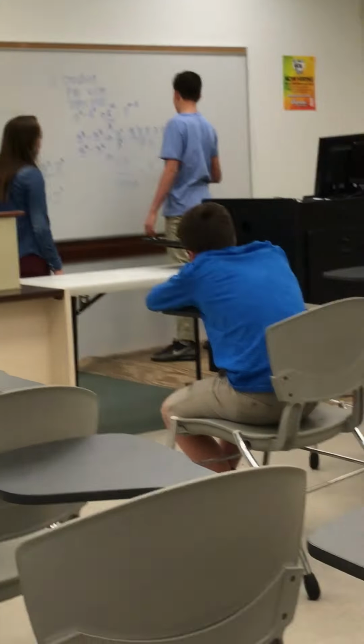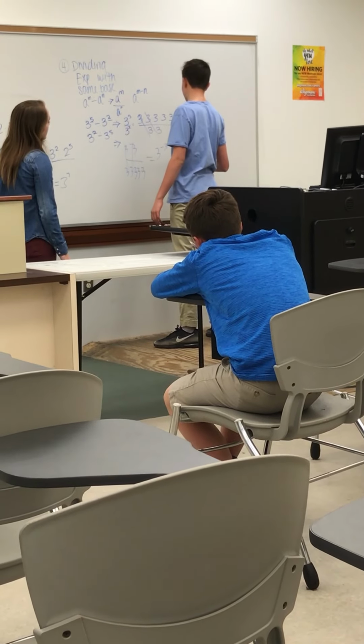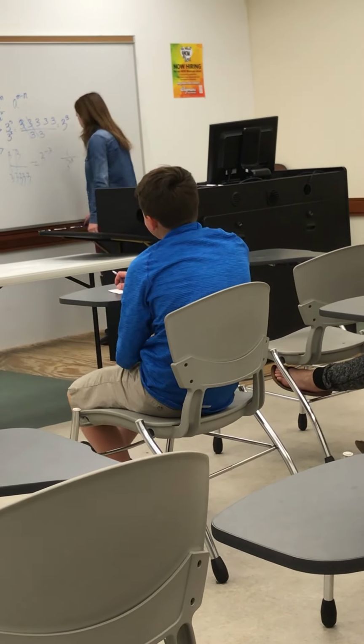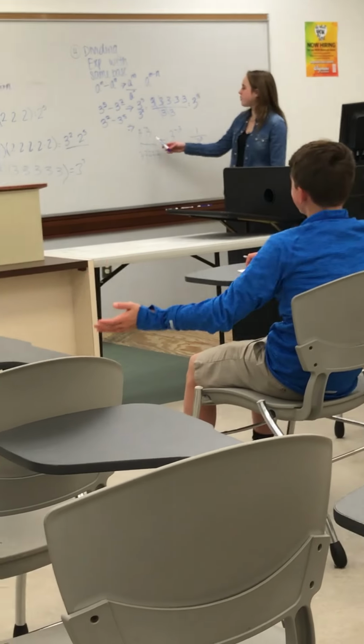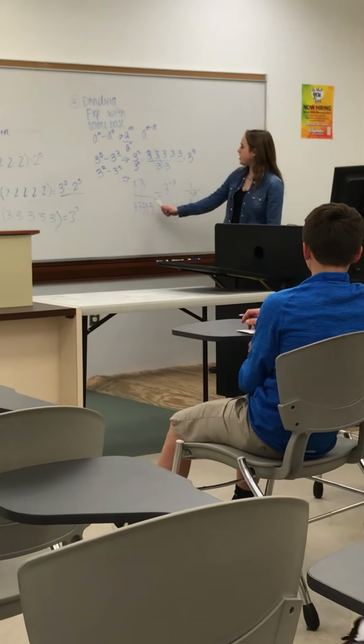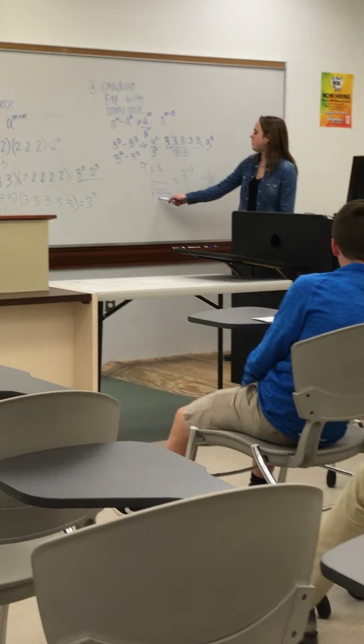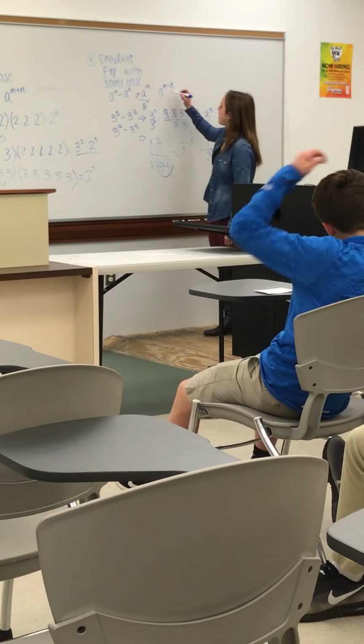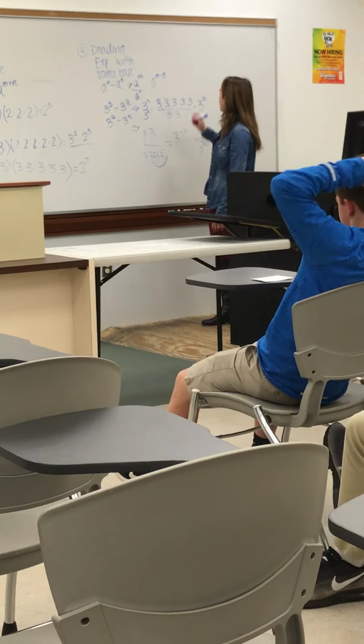So the answer would be 1 over 3 to the 3rd. Perfect, exactly. So he used 2 of the laws here. Not only did he use this one, but he got 3 to the negative 3rd, which as you can see is 3, and there's 3 here. So the law is a to the m minus n.